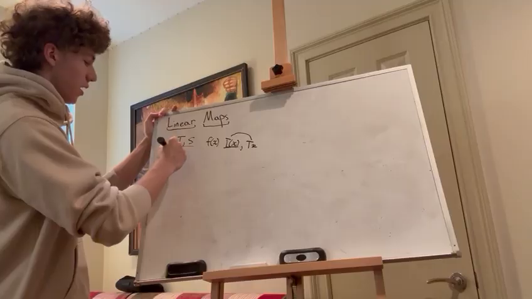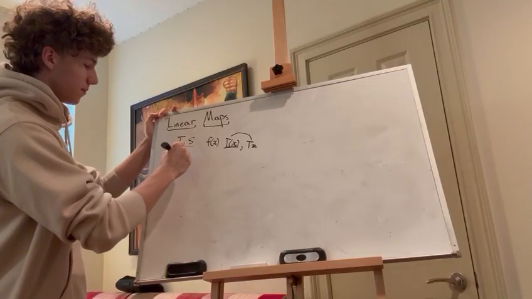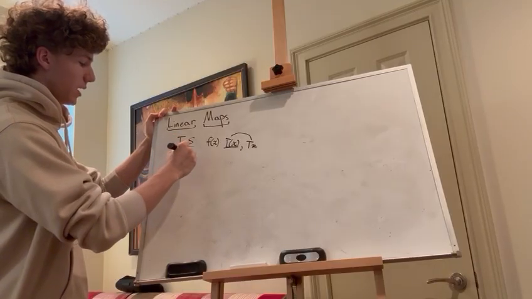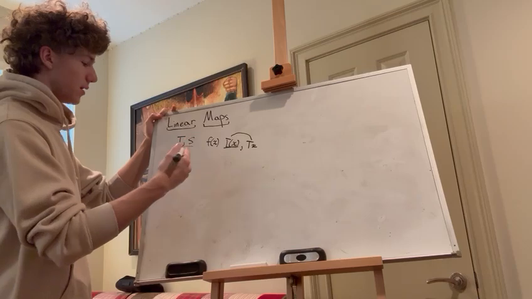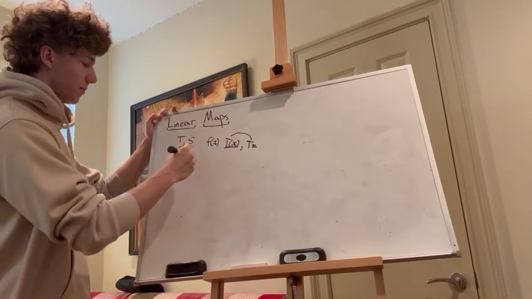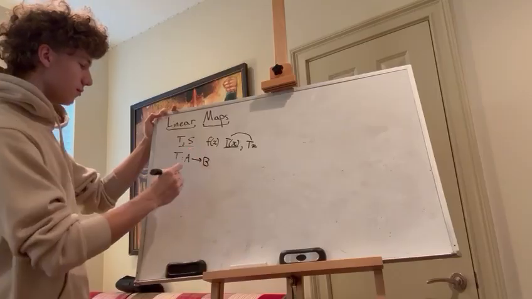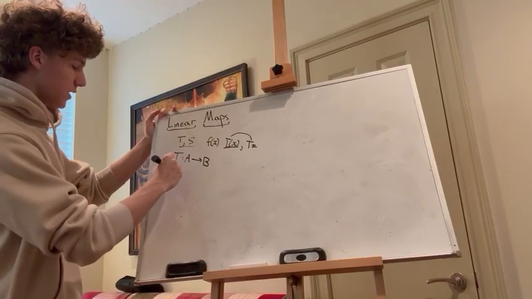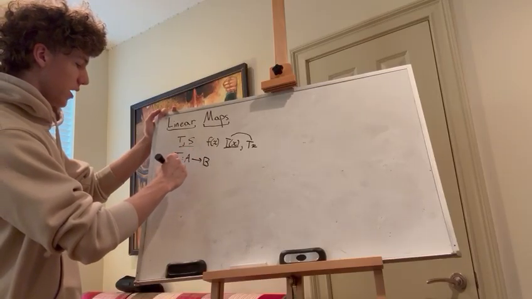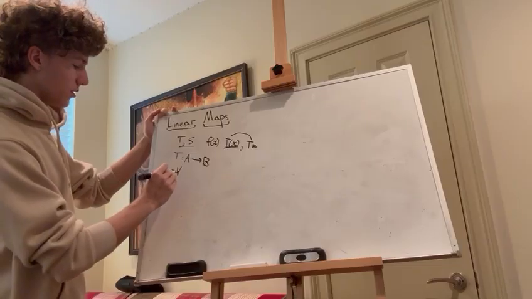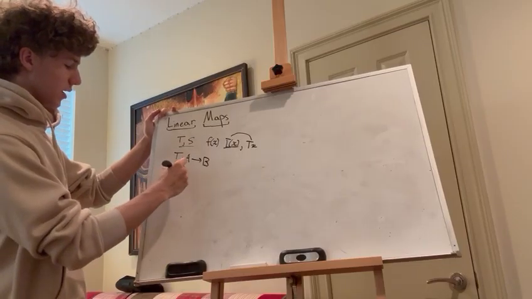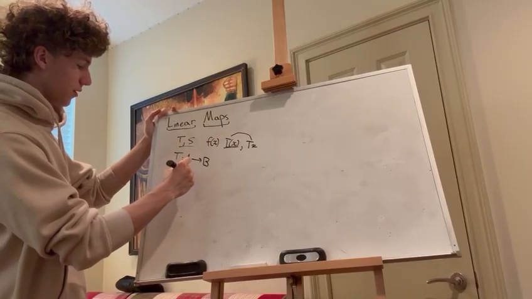Okay, but a map T, let's use T for now, from any set, let's just say A to B, sure. Then we call T linear if it satisfies these two properties. If we use for all, that means for all, okay? That little upside down A, I talked about that in a previous video.